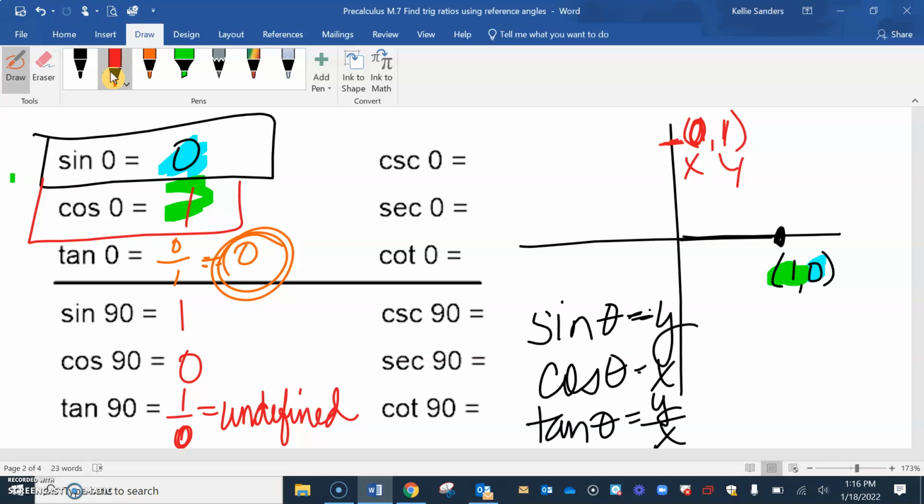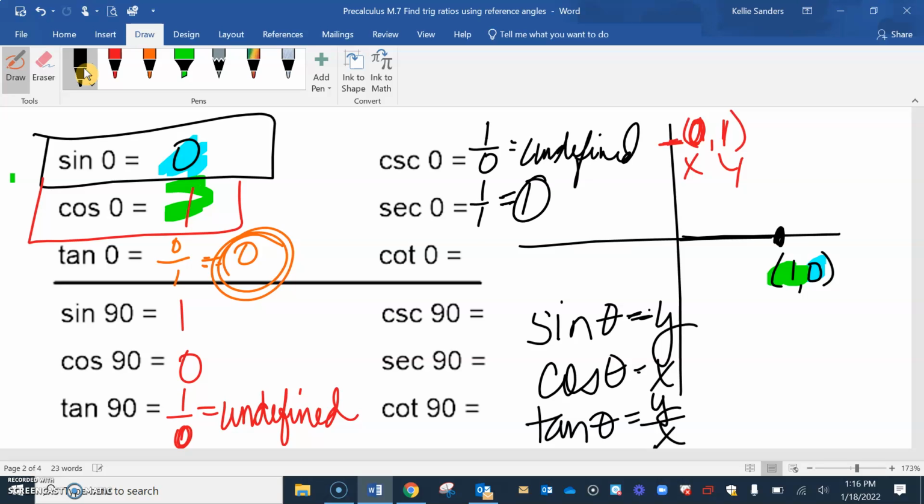Then if we do the reciprocals, well, 0 is 0 over 1, so if I take the reciprocal of that, I get 1 over 0, which is undefined. 1 over 1 is 1, so if I flip that, I get 1 over 1, which is 1. Tangent is undefined, so if I flip that, I get 0, because 0 would be on top. And you can kind of see what happens on those.